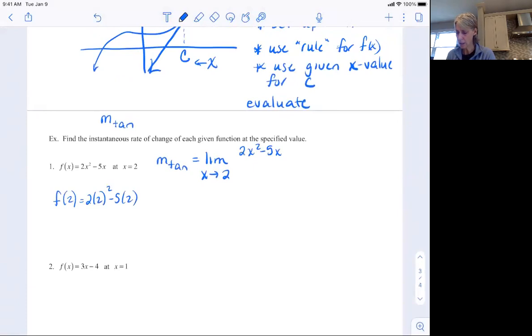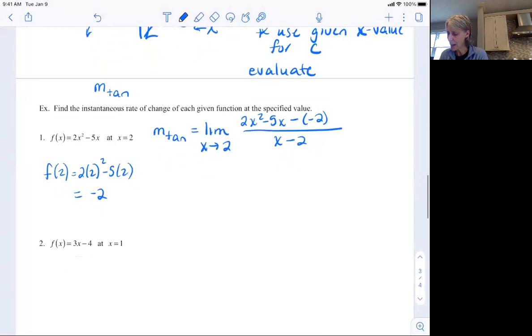You can use your calculator for this. 8 minus 10, so I get negative 2, minus negative 2 over x minus 2. After a while, you're going to adjust and just make that positive in the very beginning. But when you're setting it up, you should take your time. 2x squared minus 5x plus 2 over x minus 2.